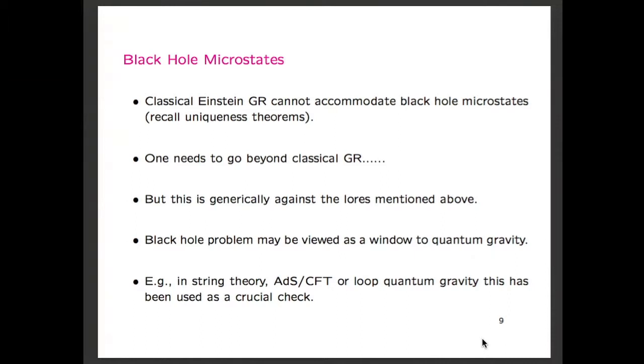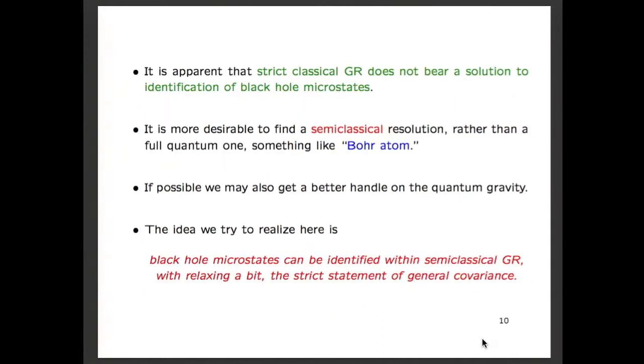So basically the proposal is that we should be able to find the microstates at some intermediate scale between standard classical GR and fully fledged quantum gravity.